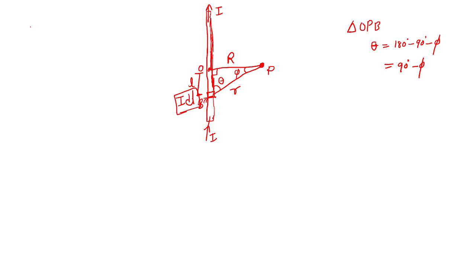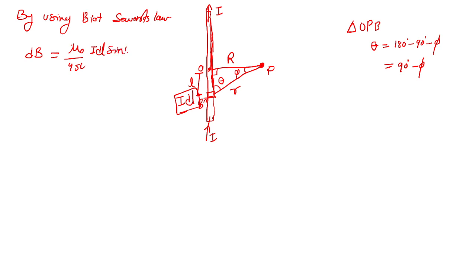Now by using Biot-Savart's law, which is our approach through which we are going to calculate the whole derivation, the magnitude of the magnetic field because of the small current element is dB equal to mu naught over 4 pi, IDL sine theta over r square.